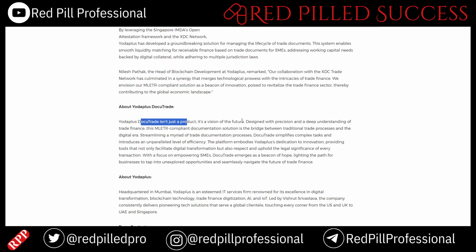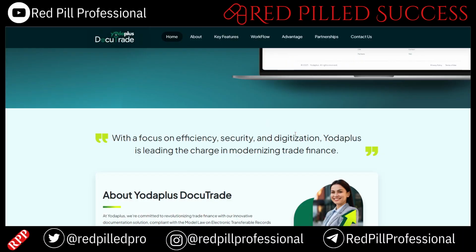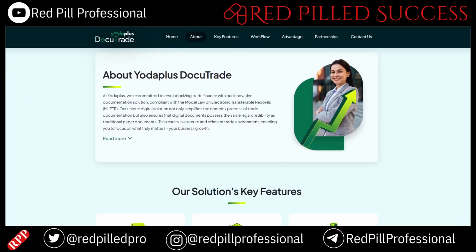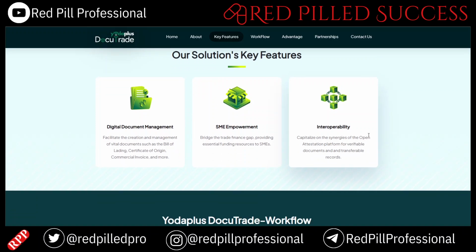So it isn't a product. Well, yeah, it is a product. But they are just bringing their trade finance experience onto the XDC chain. So if you look at the actual site, you can find that the key features of this are digital document management, SME empowerment, and interoperability.